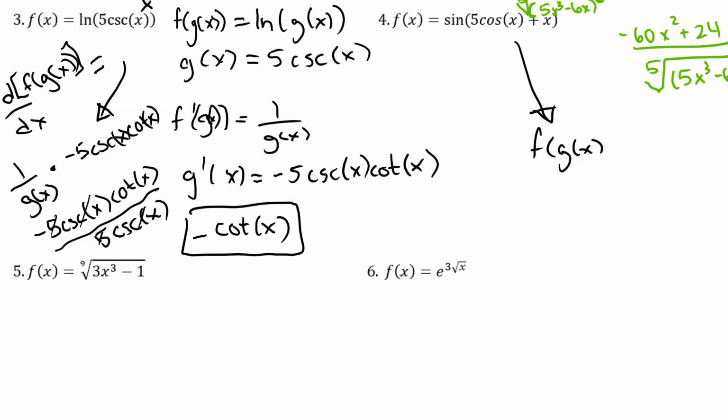So for this guy, our outside function is sine. Our inside function is 5 cosine x plus x.